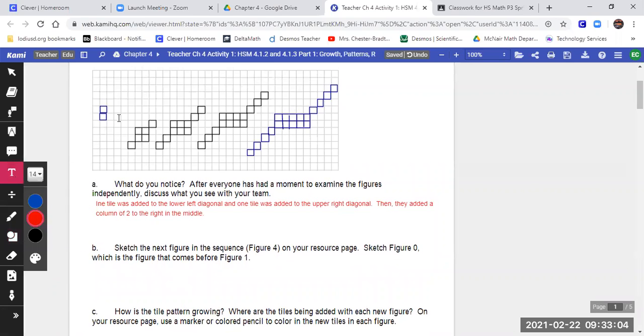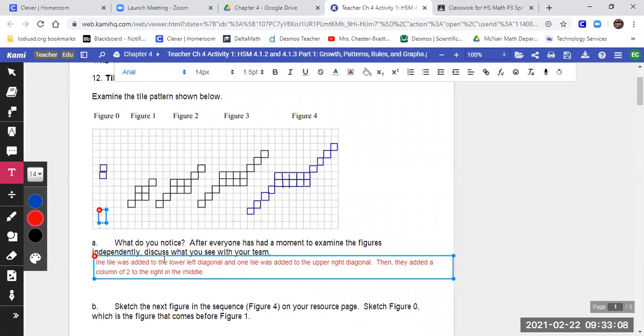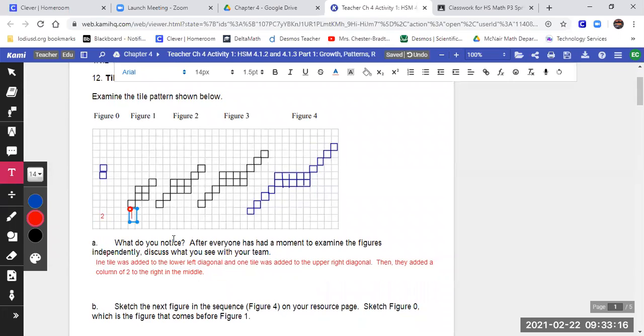Okay, how many are in figure 0? How many total are in figure 0? 2. How many total figure tiles are in figure 1? How many total tiles are in figure 2?